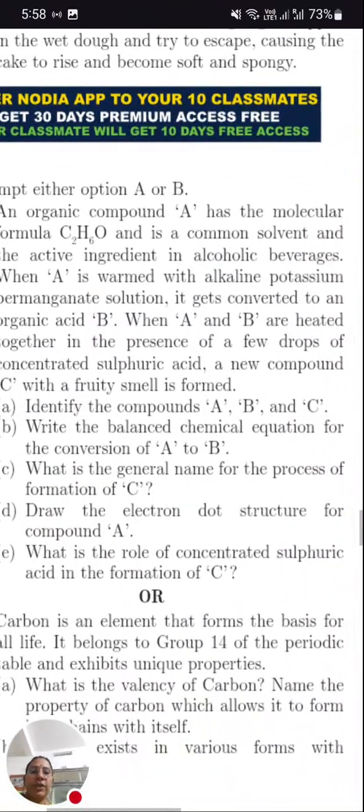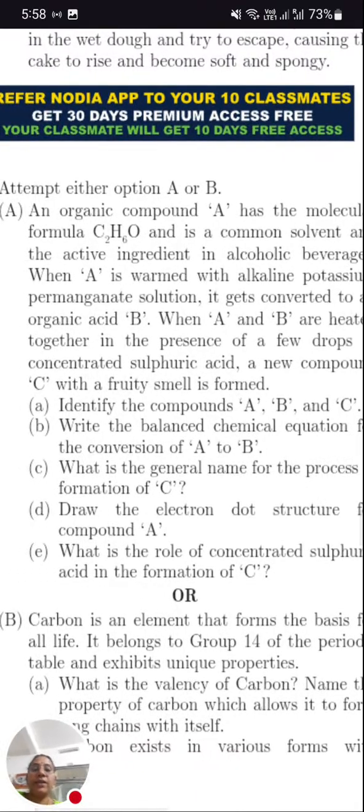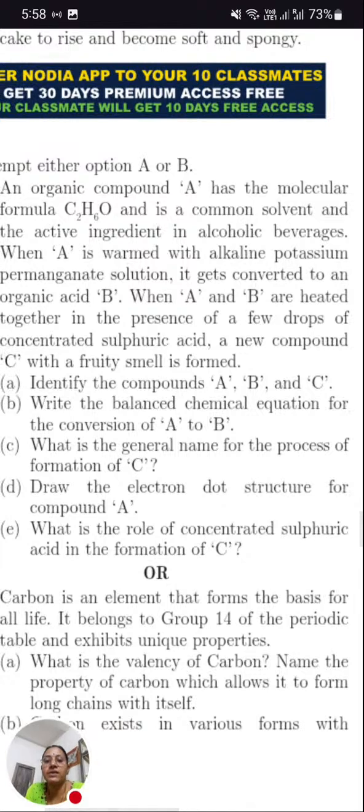The fourth question: draw the electron dot structure of compound A, ethanol. And what is the role of concentrated sulfuric acid in the formation of C? Sulfuric acid will remove water from ethanol and ethanoic acid, so it acts as a dehydrating agent which absorbs water.